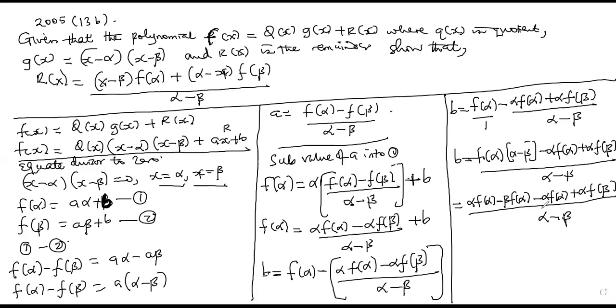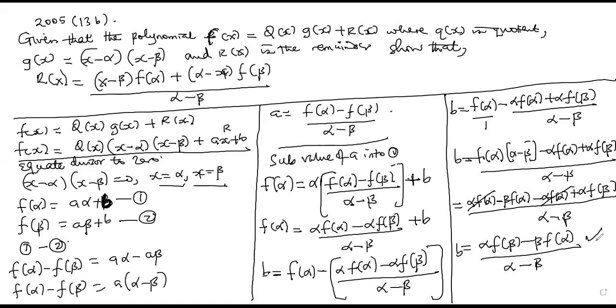Alpha f of alpha minus alpha f of alpha, this one will cross with this, and I can begin with a positive one. I can say alpha f of beta minus beta f of alpha, everything out of alpha minus beta. So that is my value of b.